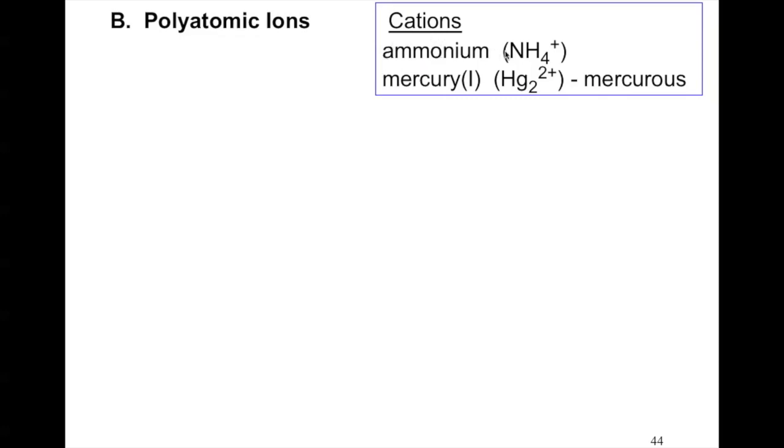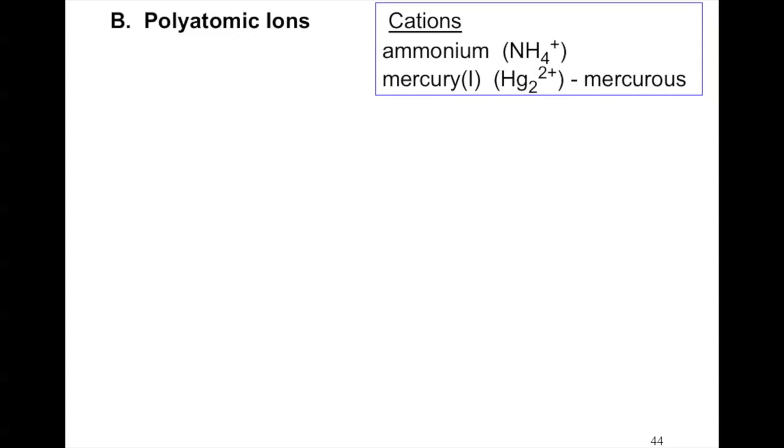The first one's ammonium. It consists of 5 atoms, 1 nitrogen, 4 hydrogens that are bonded together to form a molecule. The overall charge of the molecule is +1, so we write it as NH4 with a superscript plus. This other one's interesting. It consists of 2 mercury atoms bonded together to form a molecule, and the overall charge of the molecule is 2+.